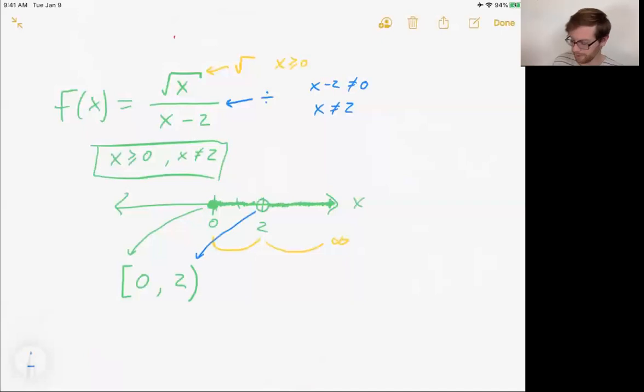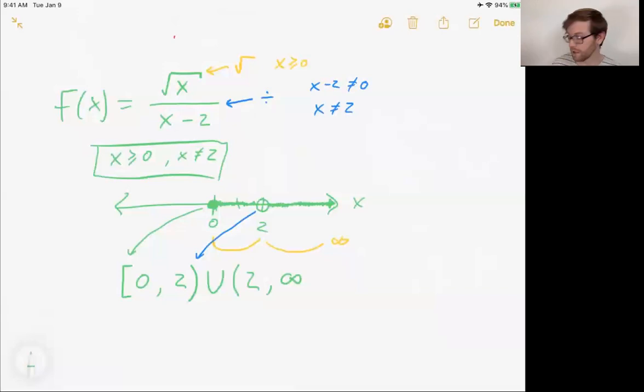Parentheses means not included. And then we'd put a union, and the union just means, hey, I want you to do both of these intervals. In other words, the domain is going to be 0 to 2, and this other interval of 2, again not including 2, all the way to infinity. And here's the thing you have to remember. We never put a bracket for infinity.